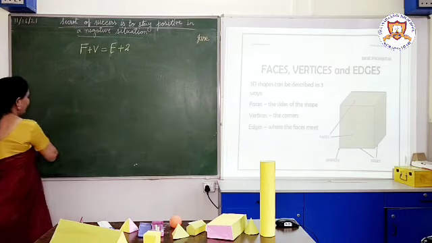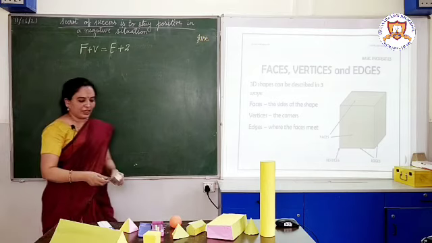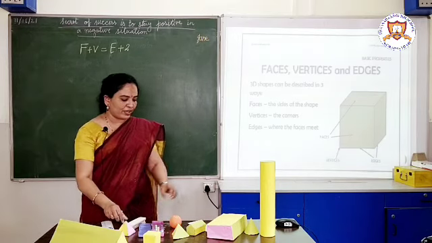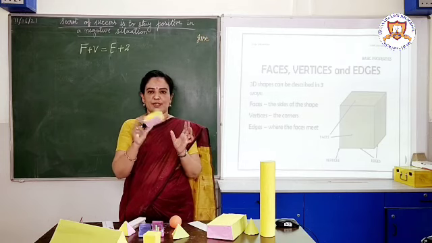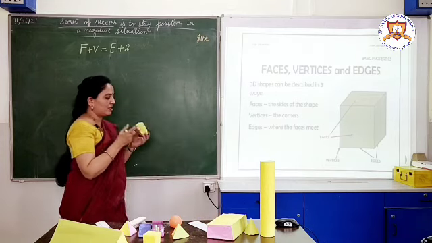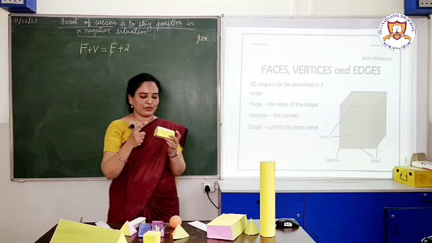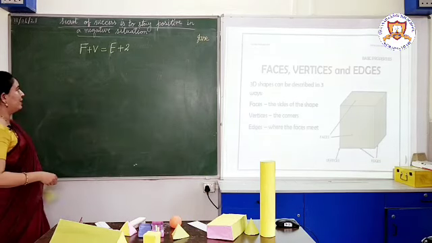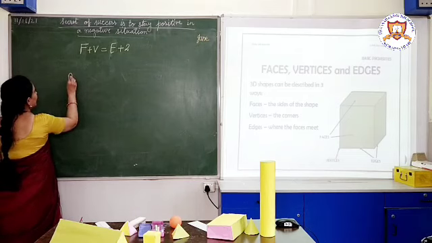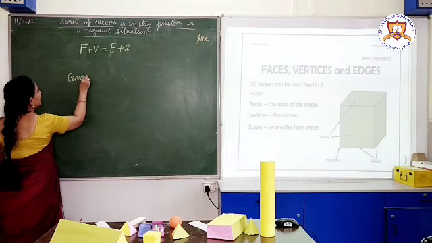So now you will tell me, if it is a pentagonal prism, what will happen with this prism? How many faces, how many edges, you will count and check with this formula.